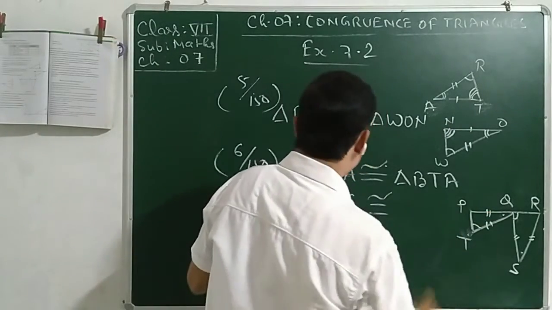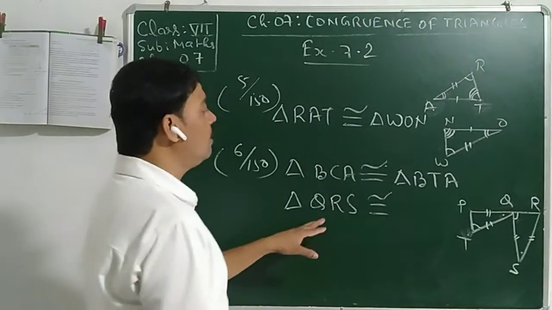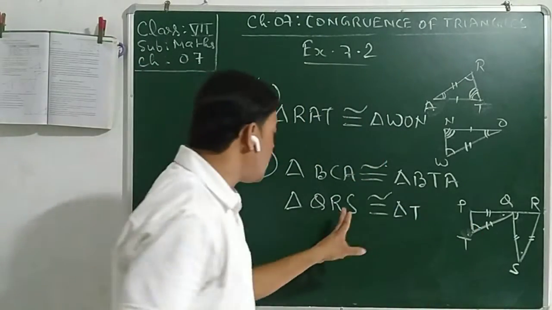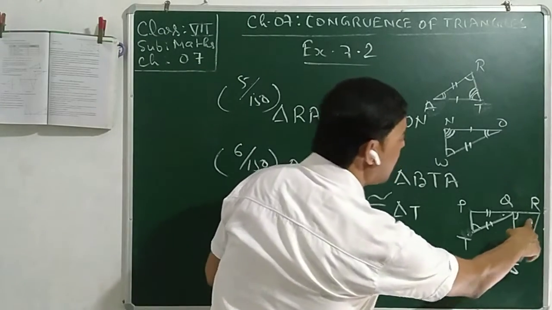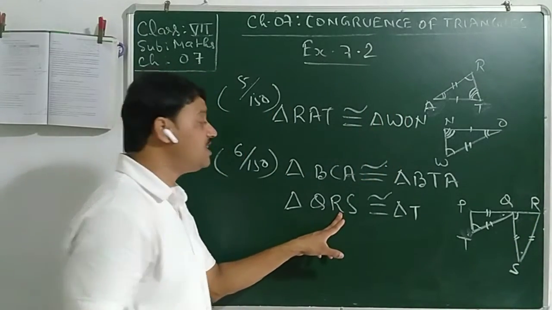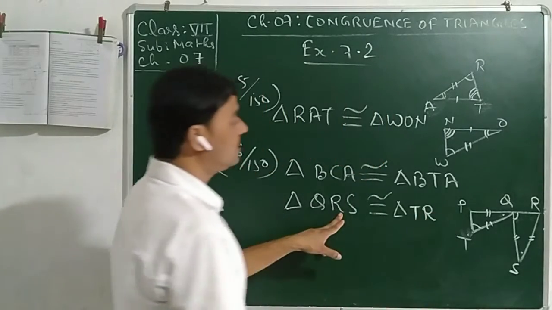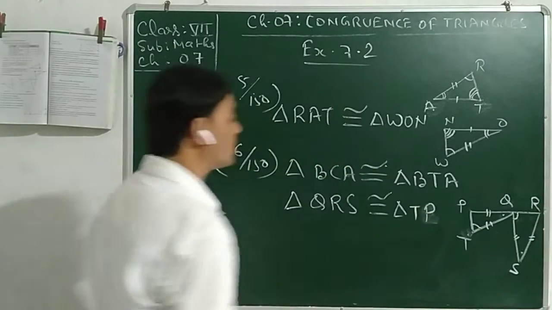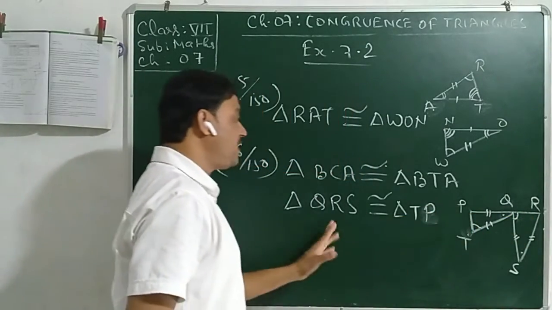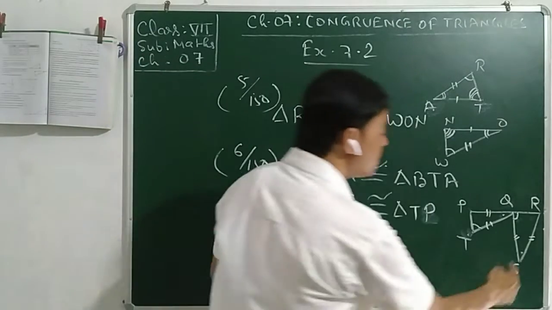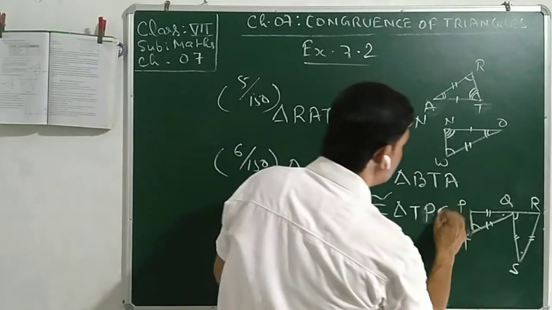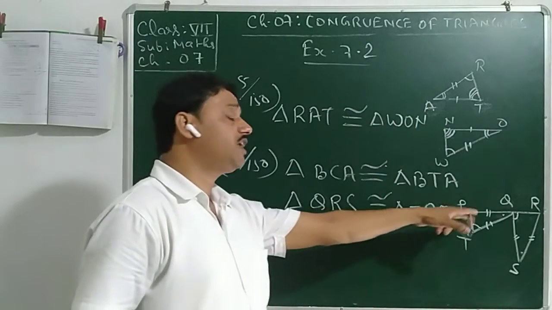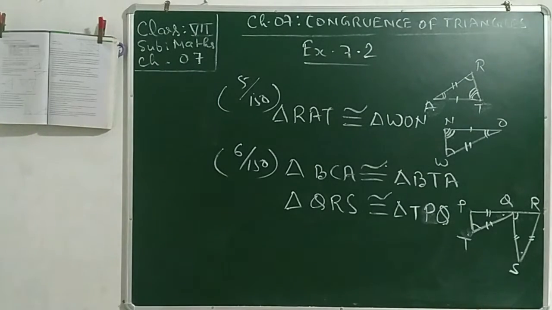So in PQT also we will find the angle with a single arc, that is T. Come to the R. R does not have any sign, so we will write here R. Because P is matching with R, R is matching with P. And S with a dot matches to Q of this triangle. So triangle QRS is congruent to triangle TPQ. This will be the congruence statement here.